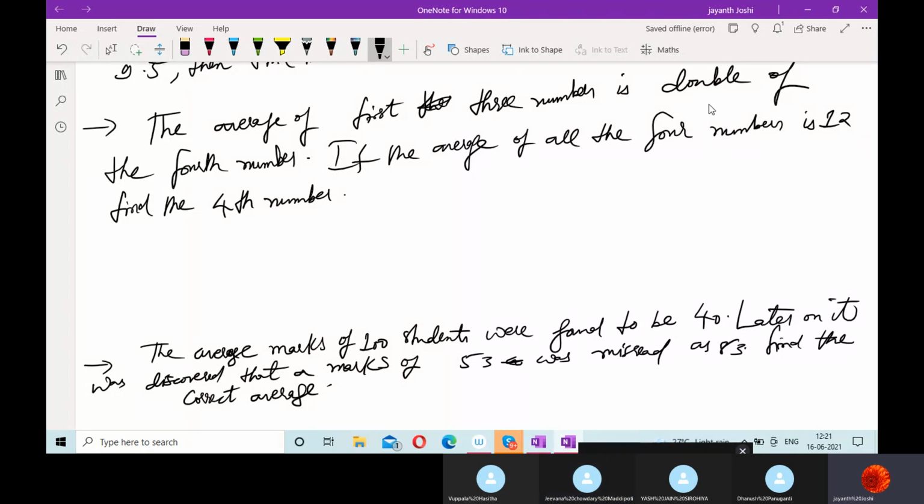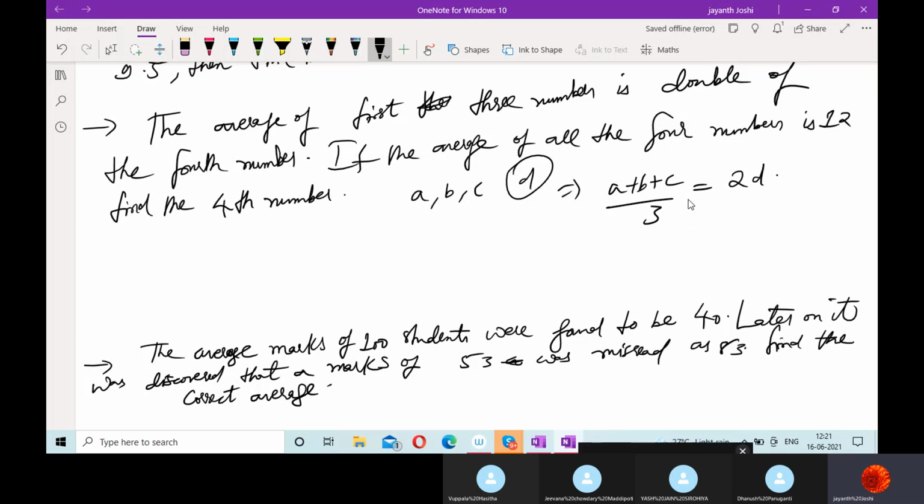The average of the first three numbers is double the fourth number. So the first three numbers we can take as A, B, C or X, Y, Z, anything you can take. The average is (A plus B plus C) by 3. Suppose the fourth number is D. The average is equivalent to double the fourth number, correct?